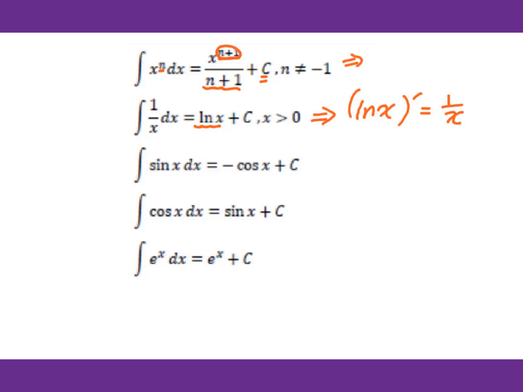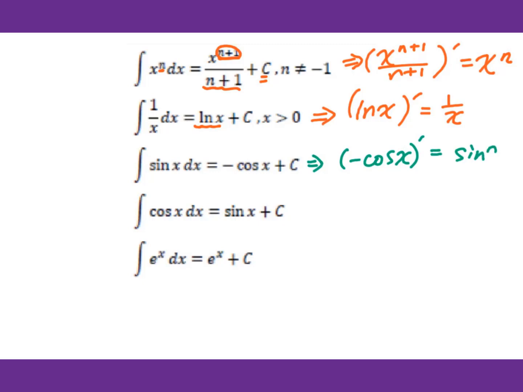Think about this: x to the n plus 1 power over n plus 1, when you do the derivative, gives you x to the nth power. For this, you could say negative cosine x. When we do the derivative, we get sine x.